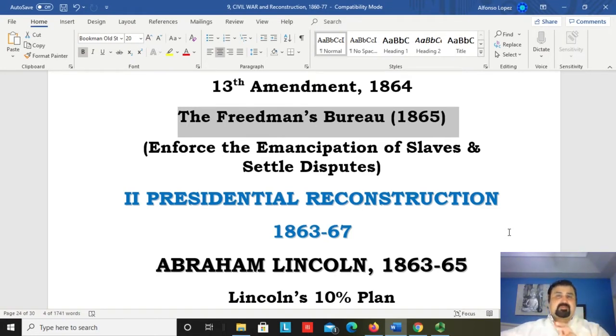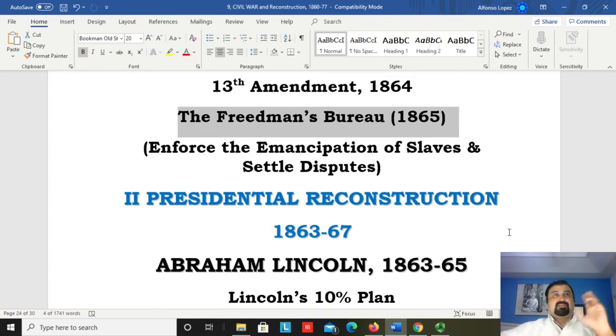So the Bureau was to physically protect them, and also to settle disputes, in case there was a dispute between, let's say, a plantation owner and now a freedman. The plantation owner might say, yeah, I'm actually setting everybody free, but somebody here owes me money, because a few months ago, when that person used to be a slave, that person asked me for money.